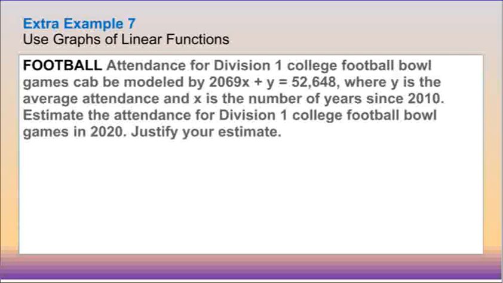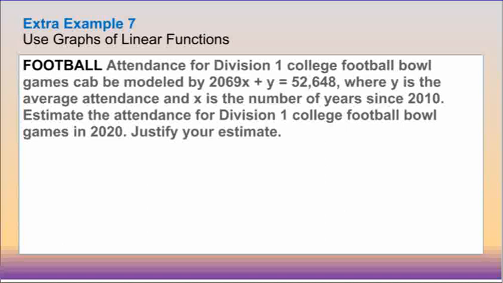Next, attendance for Division I college football bowl game can be modeled by 2,069x plus y equaling 52,648, where y is the average attendance and x is the number of years since 2010. Estimate the attendance for Division I college football bowl games in 2020.